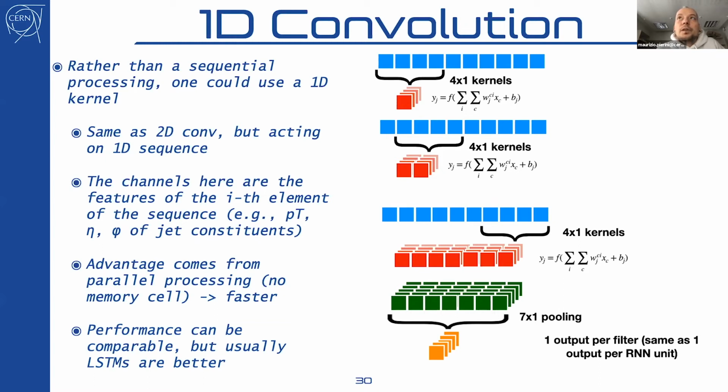There is no sequential processing. There is no dependence. It's a feed-forward neural network. There is no dependence of the last kernel on the first kernel output. And so, for instance, on a GPU, you can speed it up by parallelizing the thing. So it's faster. The con, of course, is that you're not learning across the sequence.